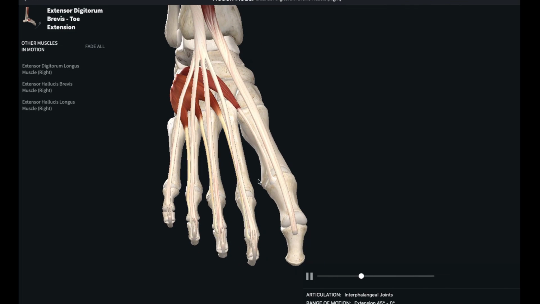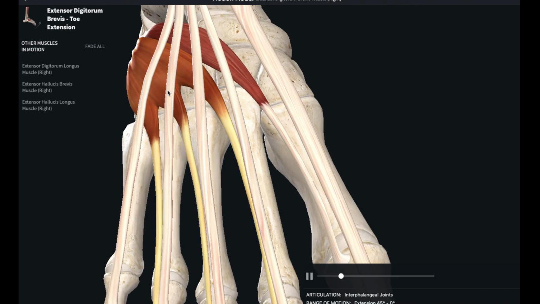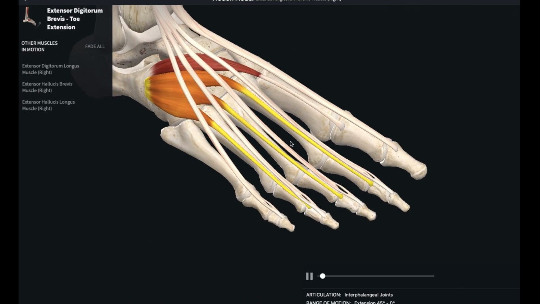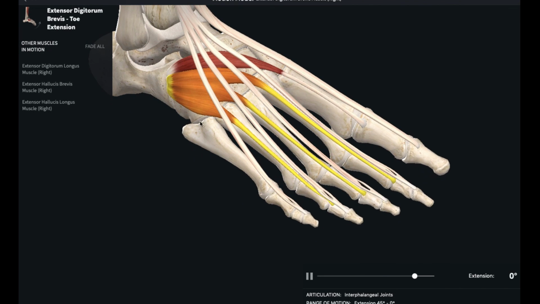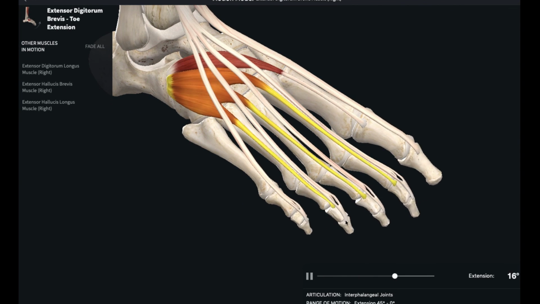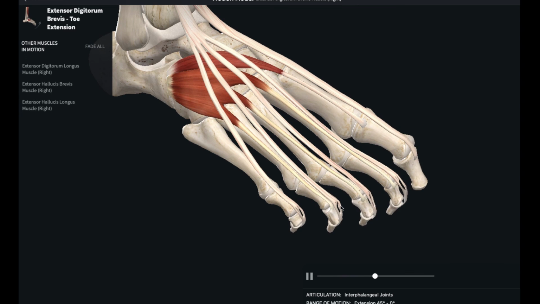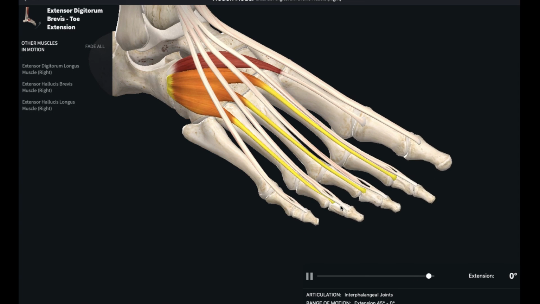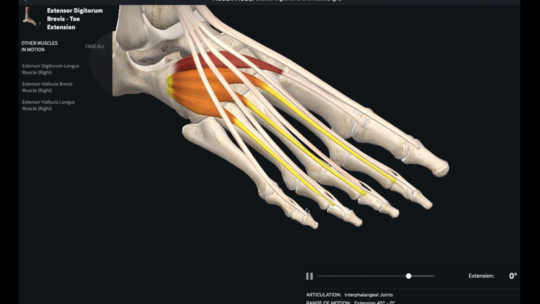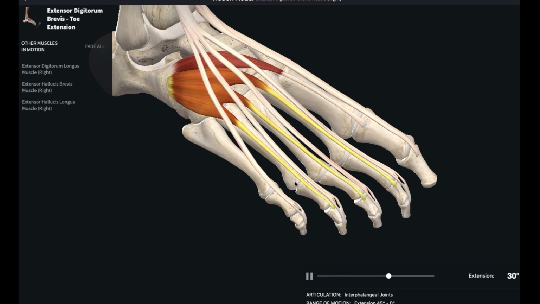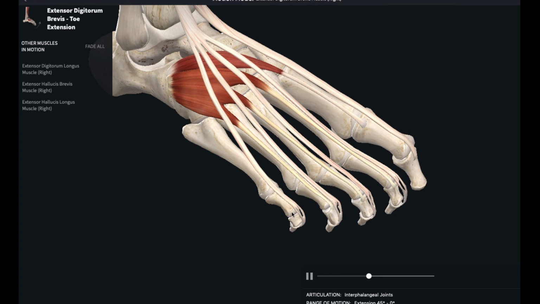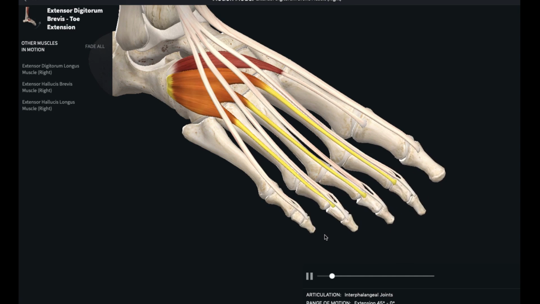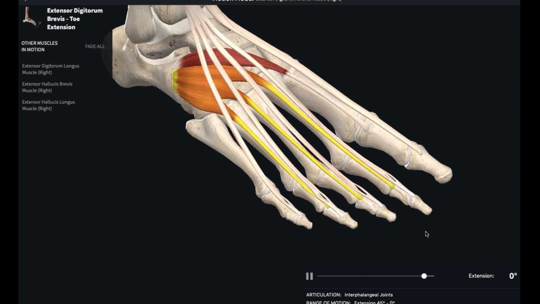Okay, so as you can see, it's doing extension of the toes at the, let's see here. So for the digitorum, it's doing it at the metatarsophalangeal, as well as the proximal and the distal interphalangeal joints.